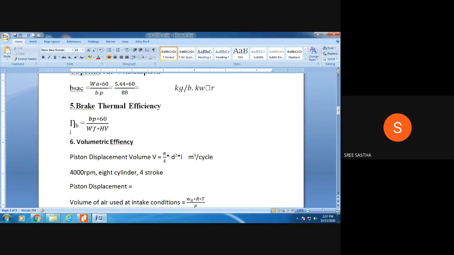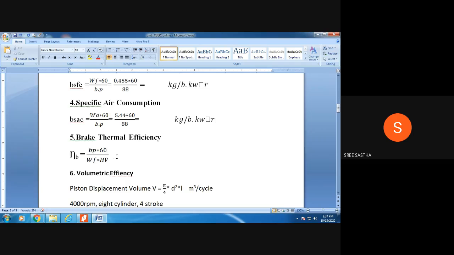Brake thermal efficiency. The fifth parameter is brake thermal efficiency. Already I told you, thermal efficiency always relates to how much fuel I am going to consume, that is, how much chemical energy I am having, and for that chemical energy, how much energy I am producing.